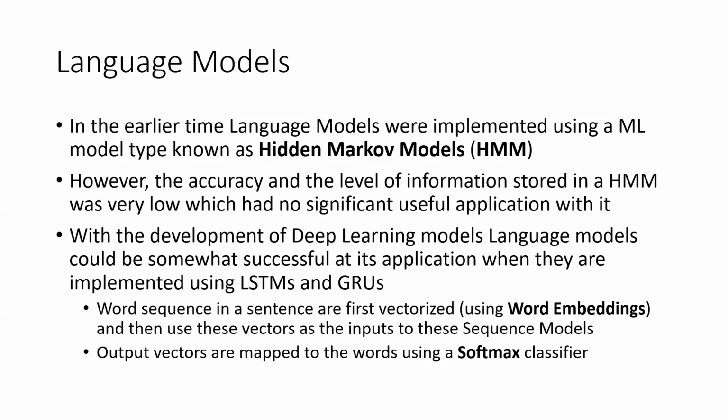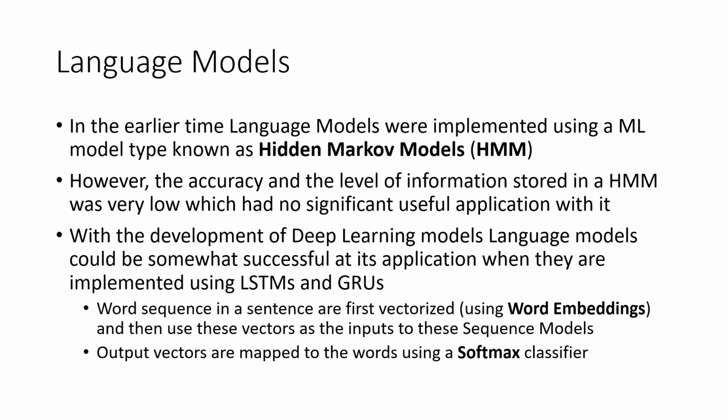So when you are given a sequence of words, each of the word is converted to a vector by replacing that particular word with this relevant word embedding, like something like Word2Vec or GloVe or something. And then these vectors are given to each of the time step of the LSTM or the GRU, right? And these models can be trained, right?